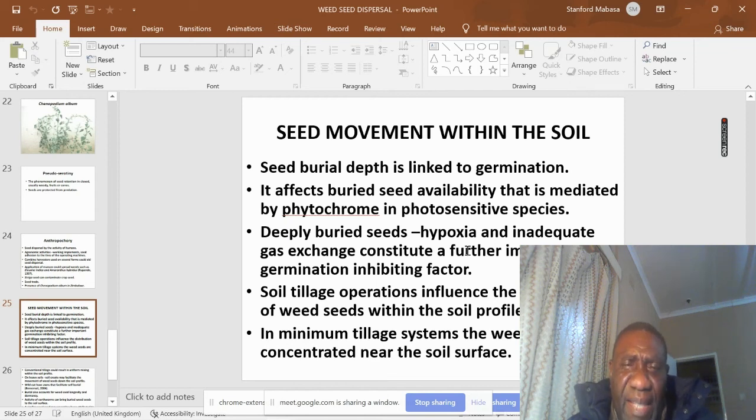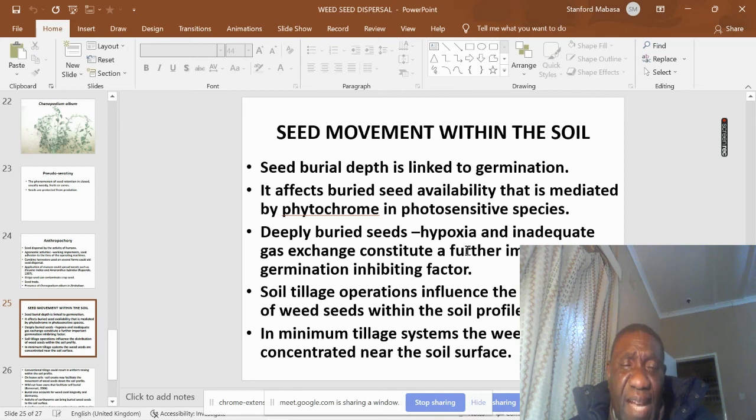Another issue could be gas exchange, which can be limiting. So absence of oxygen may actually reduce germination. What we are referring to as hypoxia and inadequate gas exchange can actually inhibit germination. Soil tillage operations influence the distribution of weed seeds within the soil profile.